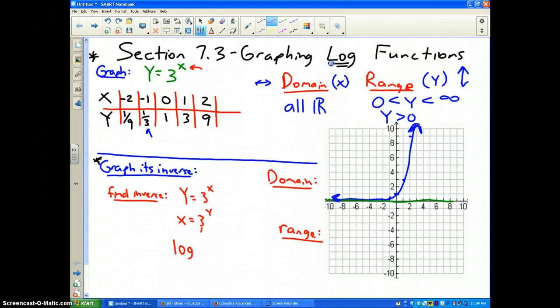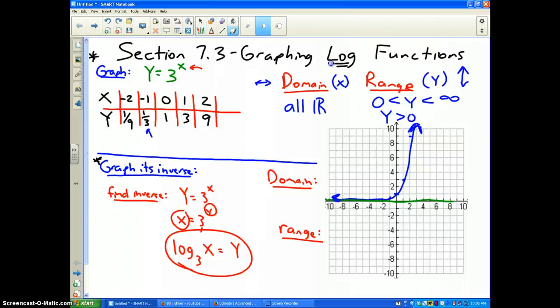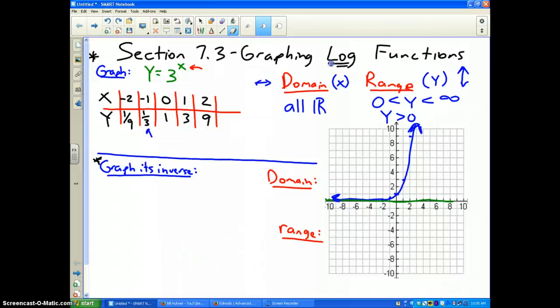So log, and there's the base 3 of x, and the power becomes the answer. If you need to pause the video, please do, because I'm going to erase this, and there is its log function. All right, so y equals log base 3 of x. That's the inverse that we're going to graph, which I'm going to do in red on the same graph.